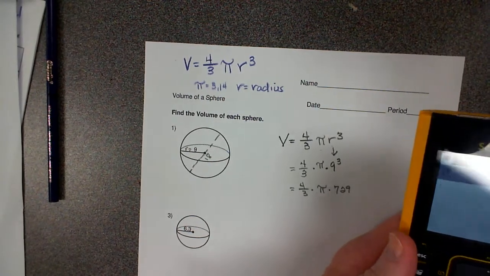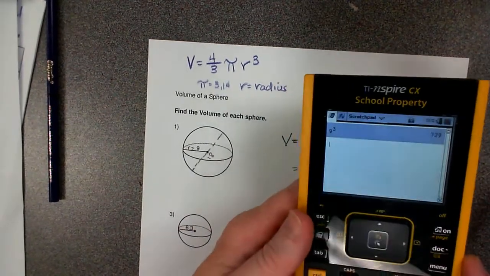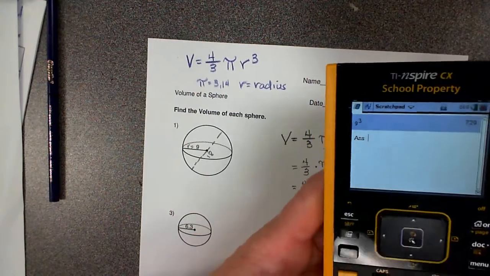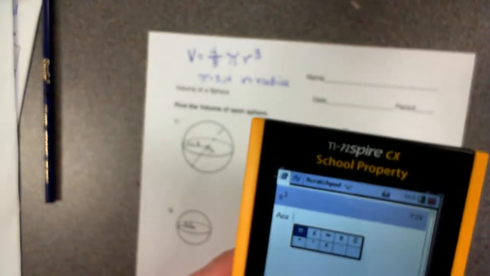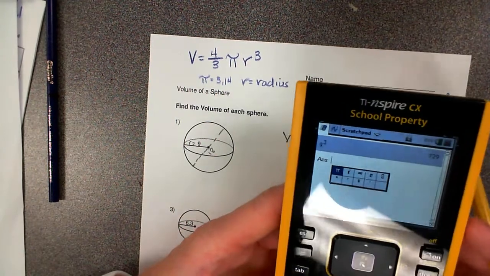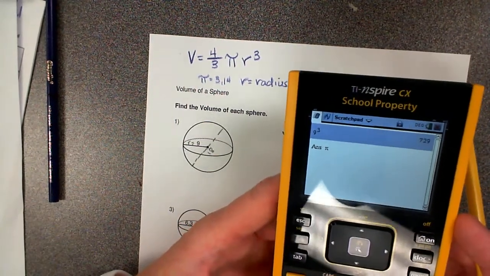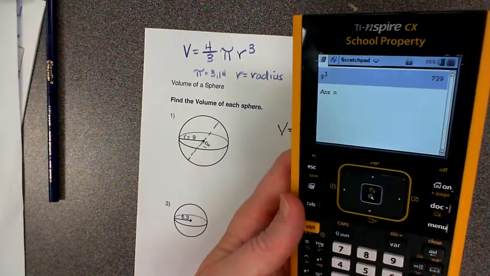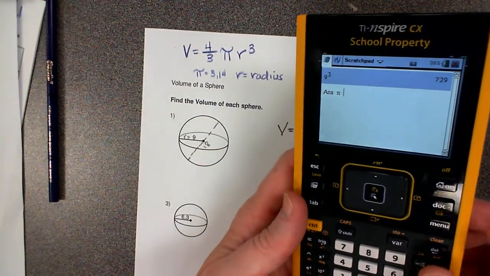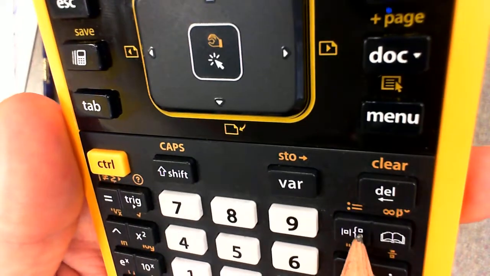So I'm going to take the 729 and multiply that times this pi button down here, right next to the h. Hit that, and it says, which one do you want? I want pi. Enter. And I want to multiply that times a fraction. To get a fraction, I hit this little fraction key right here, where my pencil is.